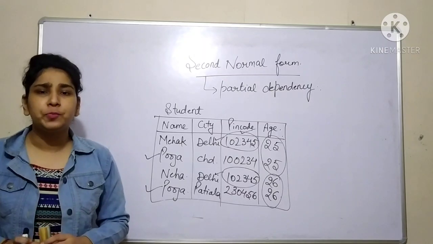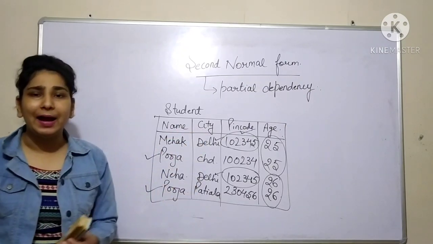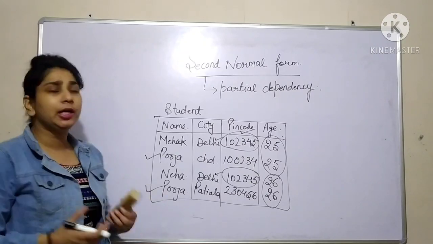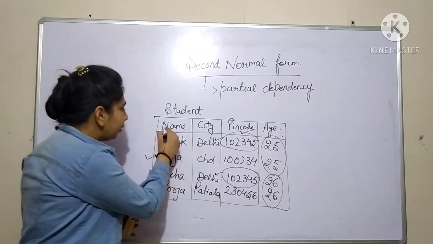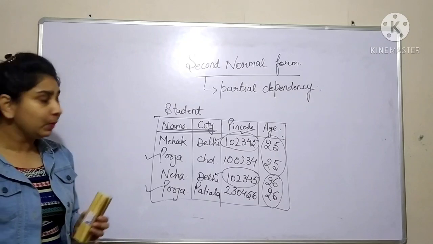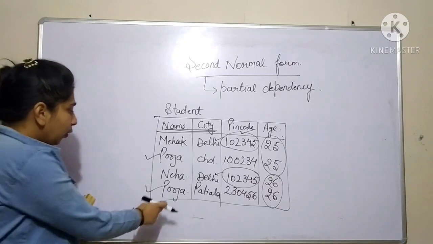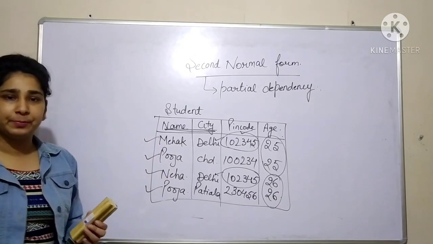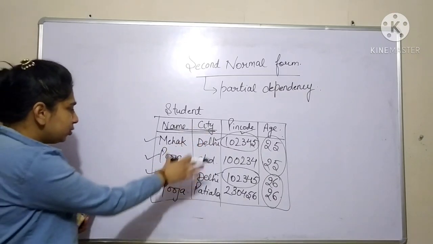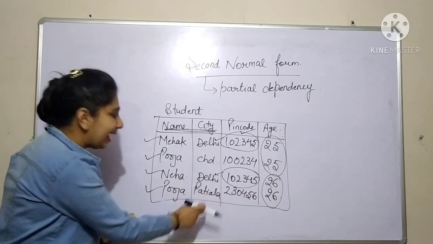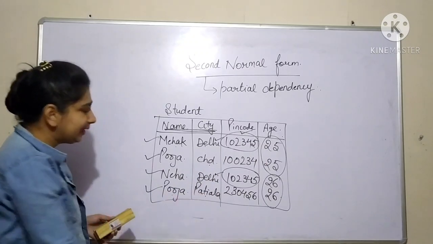So what is the other option I have? I can combine two attributes, and that composite attribute I can use as the key attribute. If you look at these two together, name and city, all these fields are now different. Combinedly, we have Mehak Delhi; there is no other place where you will see Mehak Delhi. Then Pooja Chandigarh, next Pooja Patiala.